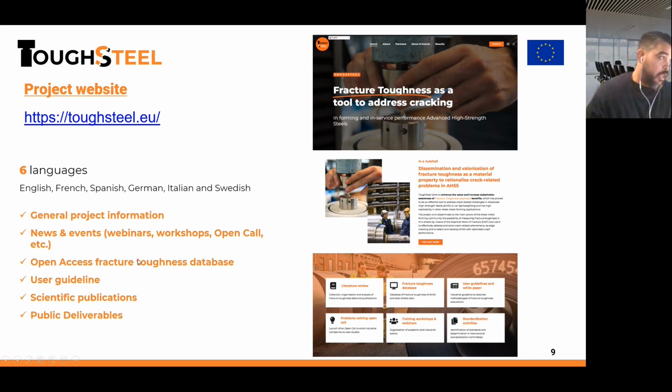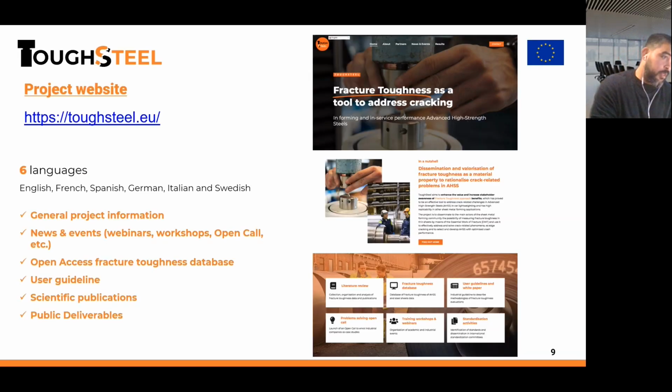You can also download different materials, like the user guidelines, scientific publications, and public deliverables. And we also have access to the fracture toughness database that I mentioned before, where you will also find a blog with all the information about the database, and you can follow the instructions to register and to consult this database or to encode new data.